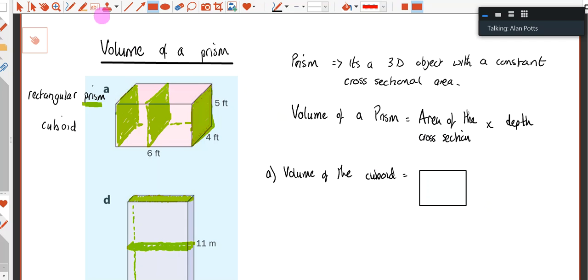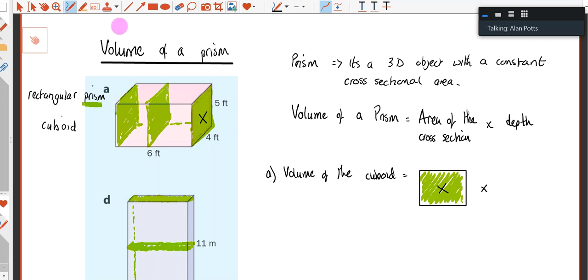I might color that one in green just for now so you can see. So that's the cross section. Give it an X. That's the cross section. And then we multiply it by the depth.